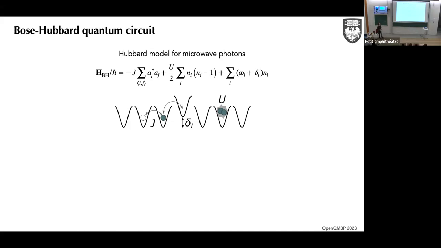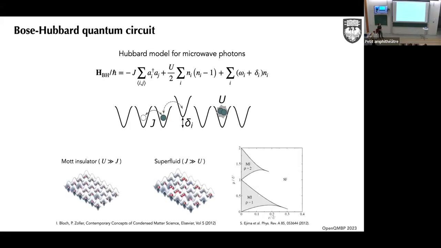And it's this competition between the kinetic energy and the interaction potential that gives you strongly correlated phases. In this case, you have a Mott insulator and a superfluid phase, shown in this phase diagram here. And it's this competition that we're trying to leverage in the system.